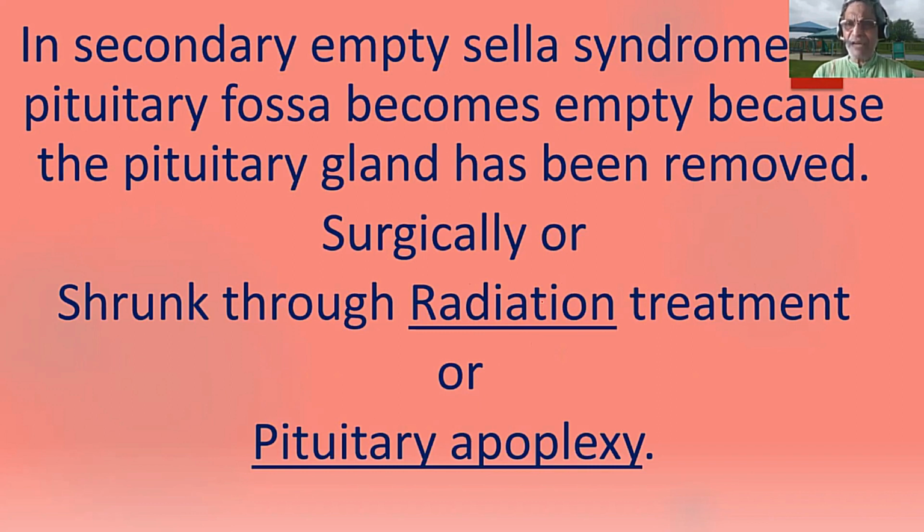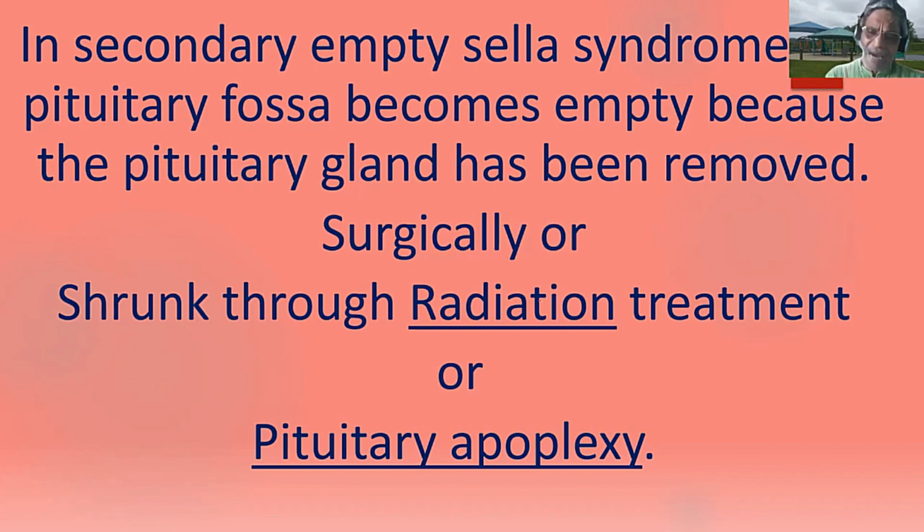They would have given radiation for tumors around the chiasma, which can give rise to a problem with the pituitary, compressed or damaged. Or sometimes in a pituitary tumor there is a sudden hemorrhage into the tumor, called apoplexy. This is what is called secondary empty sella.